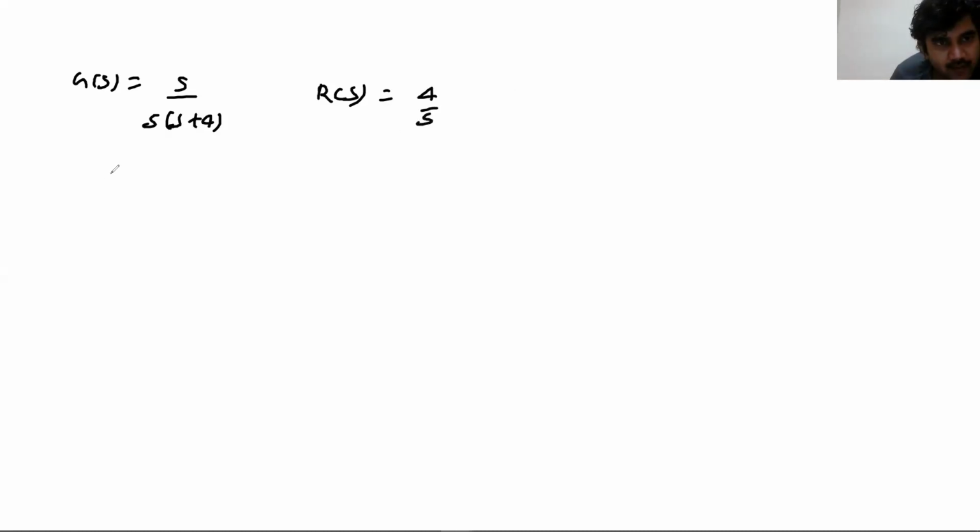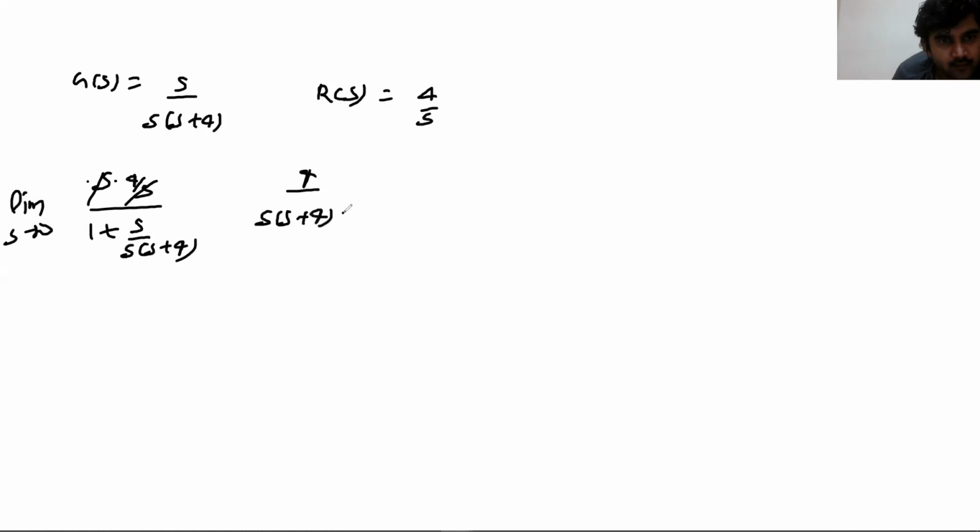So the error will be limit s tends to 0 of s into R(s) over 1 plus G(s). So this s gets cancelled, 1 by s plus 4 plus s plus 4. If we put s equal to 0, this term will become 0. So this is your answer, 0.